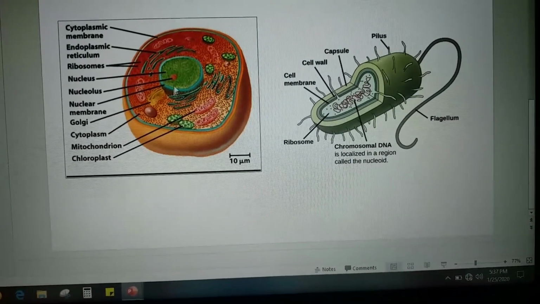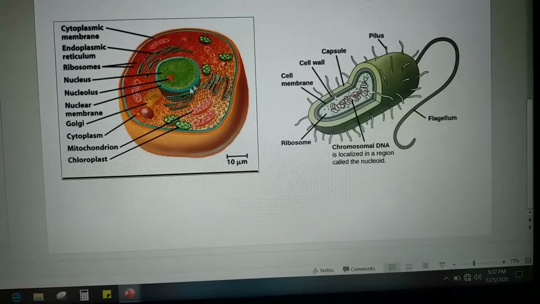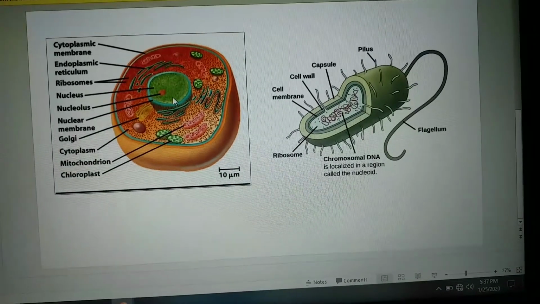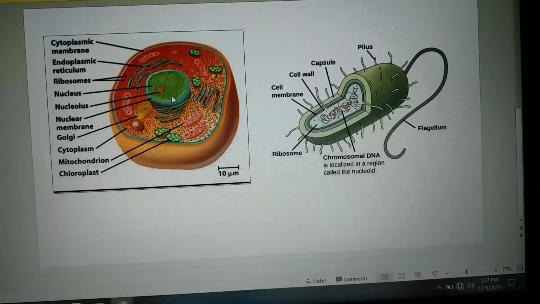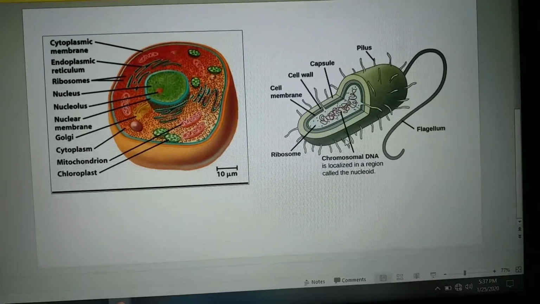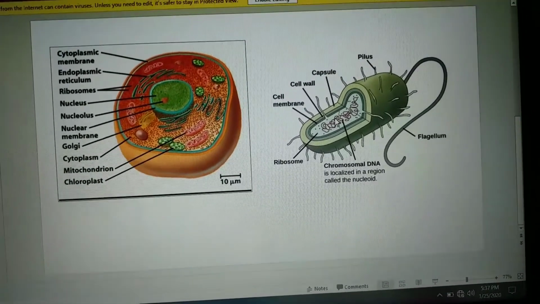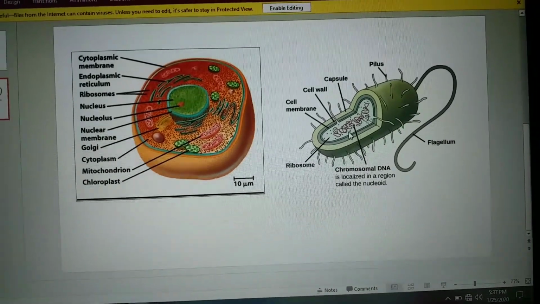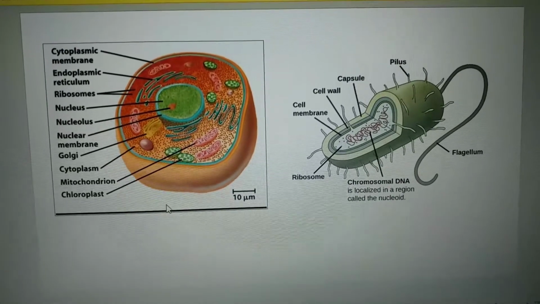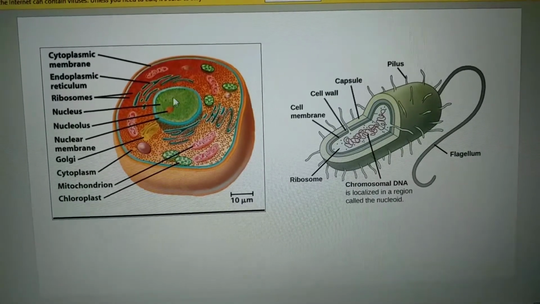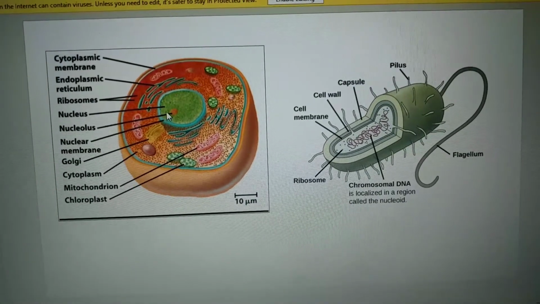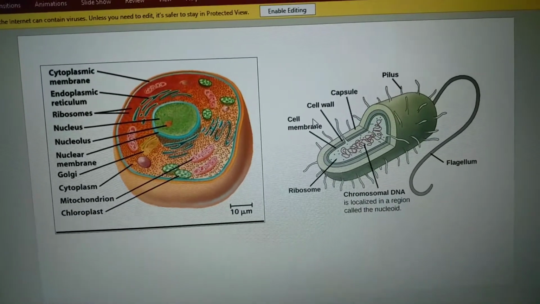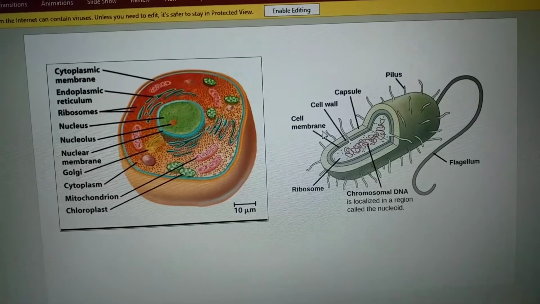This is a eukaryotic structure, and it has two examples: the animal and plant cells, while here in the prokaryotics, the examples are the bacteria and the archaea. Here in the eukaryotics, the cells contain membrane-bound organelles such as the nucleus, while the prokaryotics do not have a nucleus.